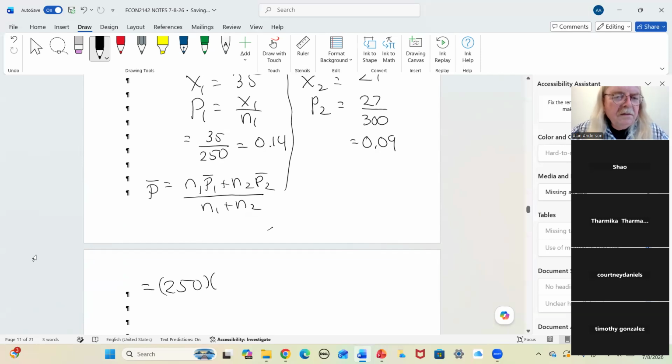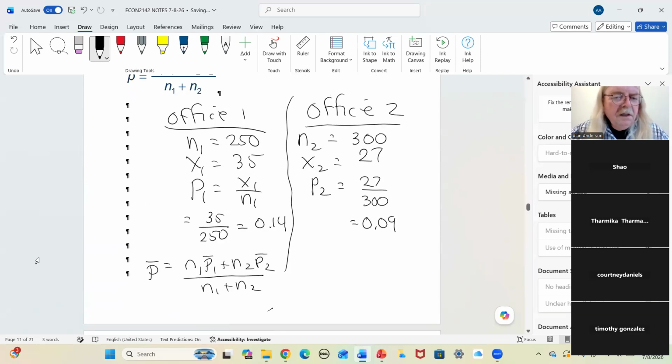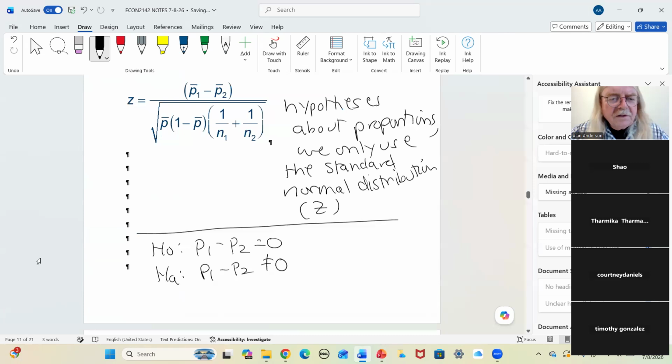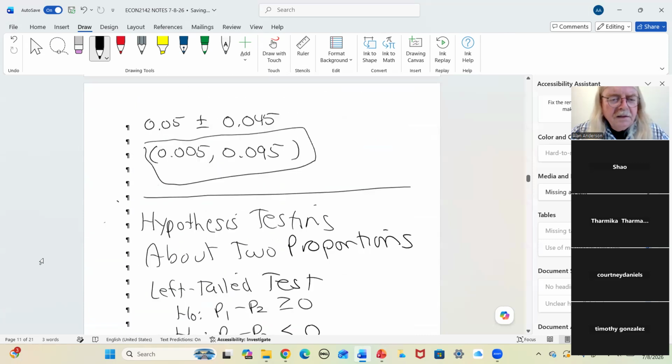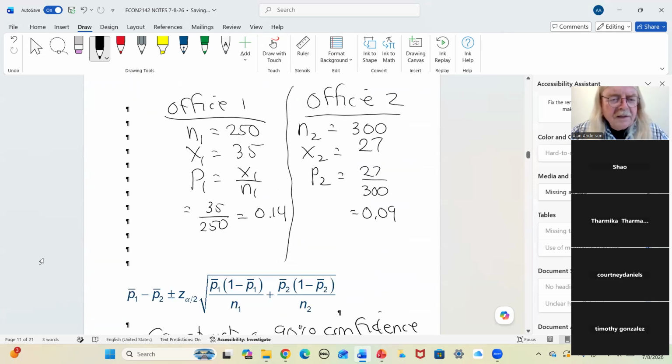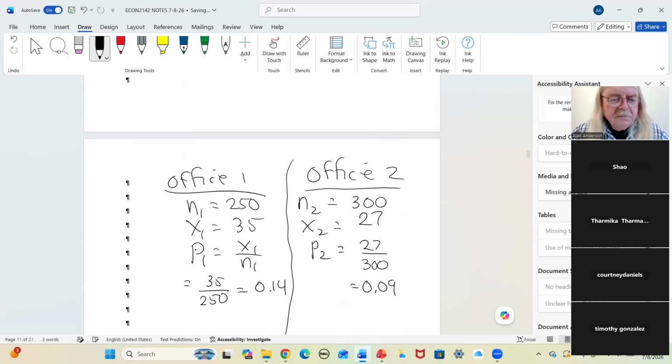E1 bar. I just noticed that when I copied it, these are supposed to have bars over them.